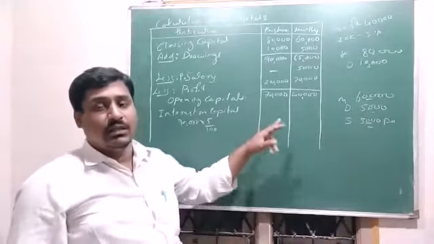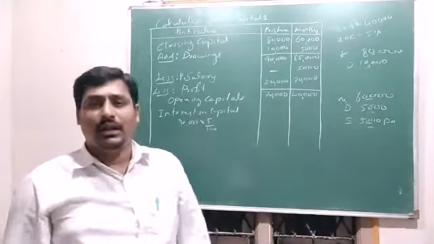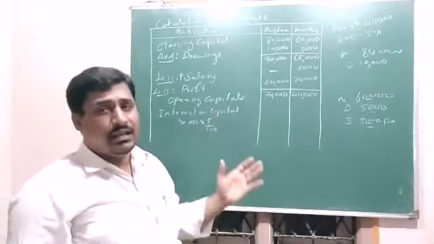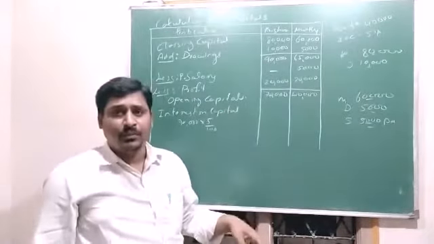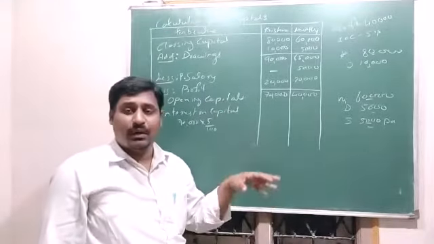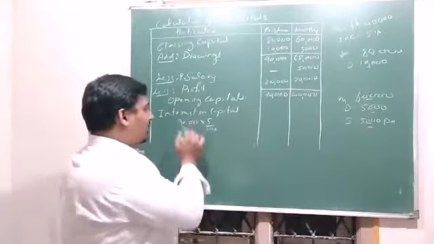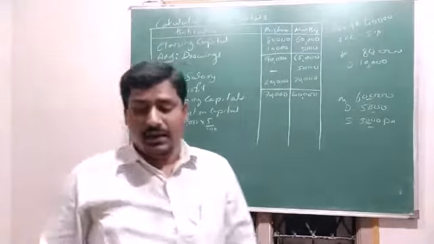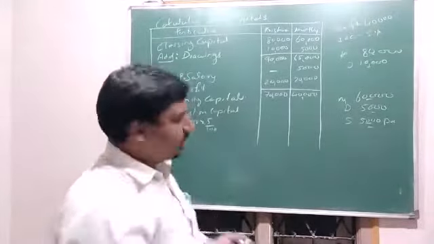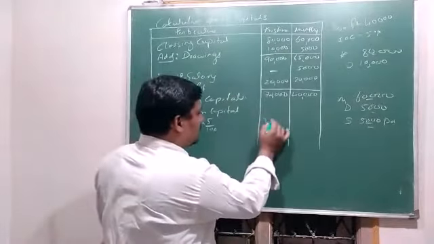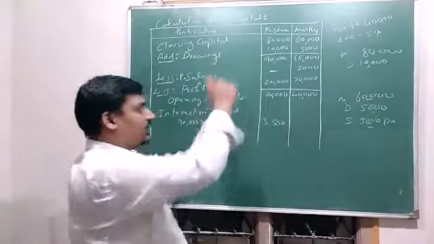Assuming that this amount is there for the entire year, he has not added any capital in between, and he has not withdrawn any part of capital in between. So 70,000 into 5 divided by 100, 5% of 70,000 is 3,500, the interest of Krishna.